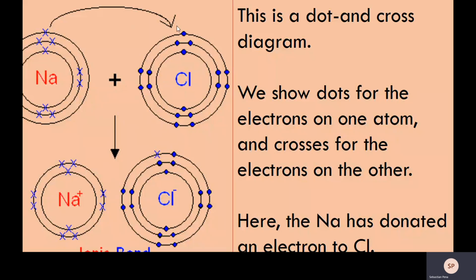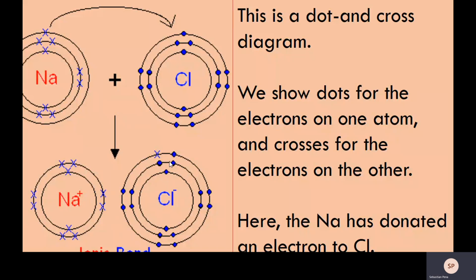So therefore, it grabs it and puts it on its outer shell. What this causes is it causes sodium to have a positive charge, chlorine to have a negative charge, has 1 extra electron, and these opposite charges attract towards each other.